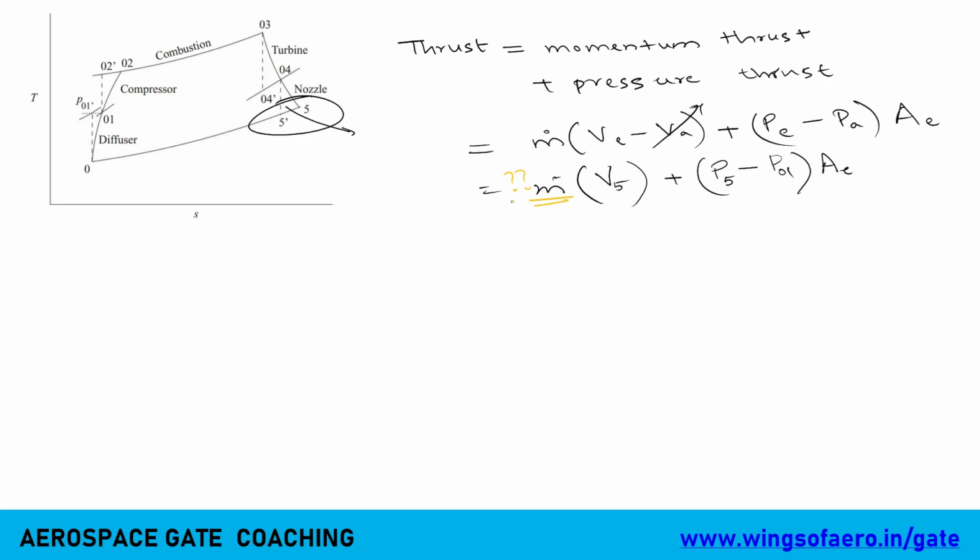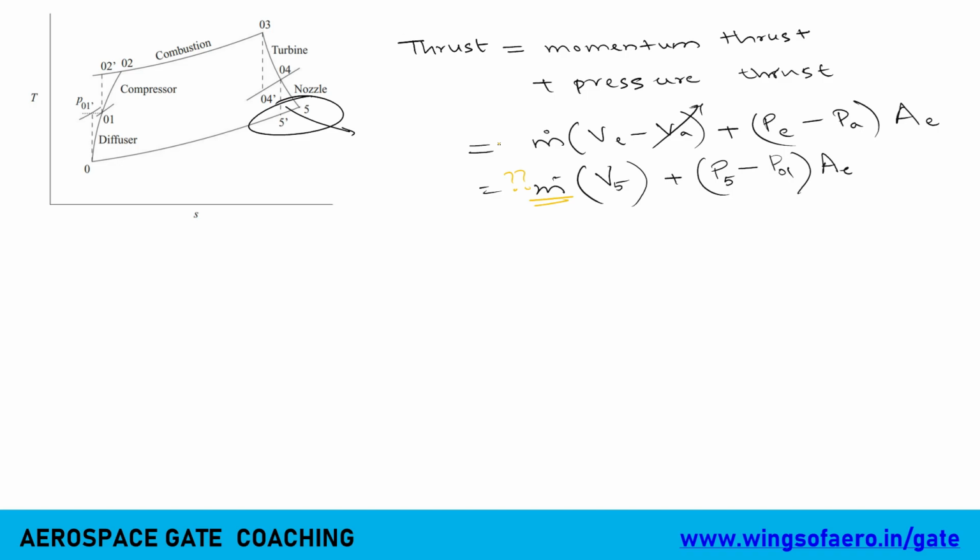No. Because it's specific mass, do not get confused. Here they have not asked specific thrust. So what is specific thrust? It is the thrust to the mass flow rate. Here they have only asked about the thrust, total thrust.